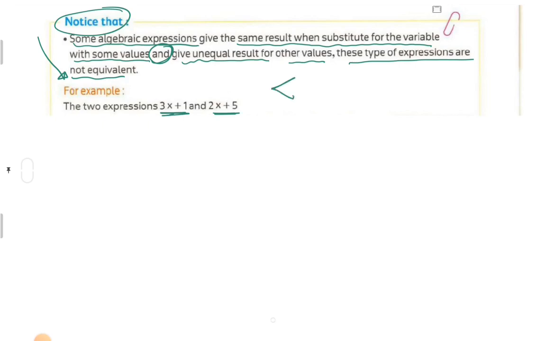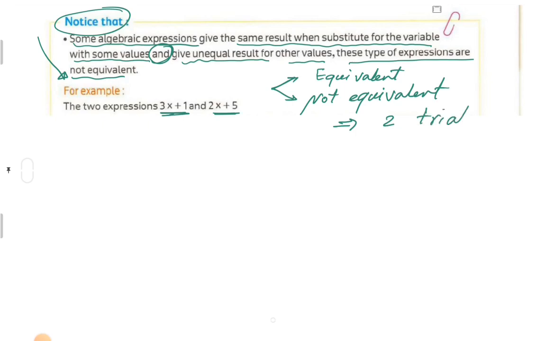We have two case, may be equivalent or not equivalent. To know these two expressions are equivalent to each other or not, I need to do what? To do two trials. Two trials by two value of x.